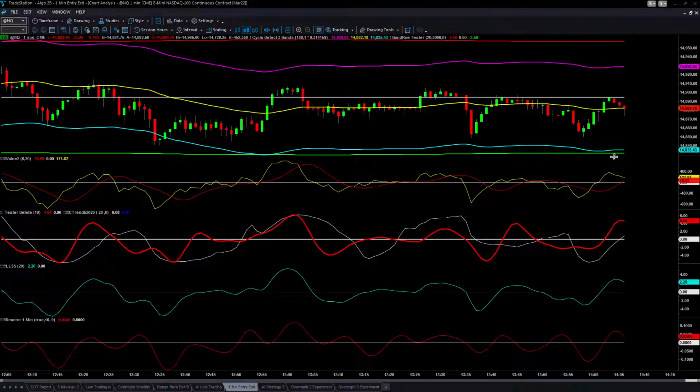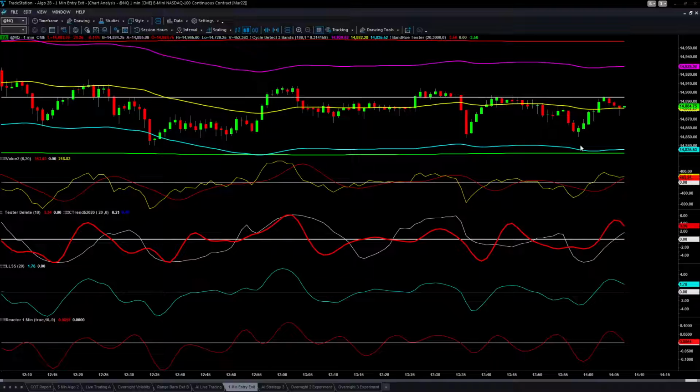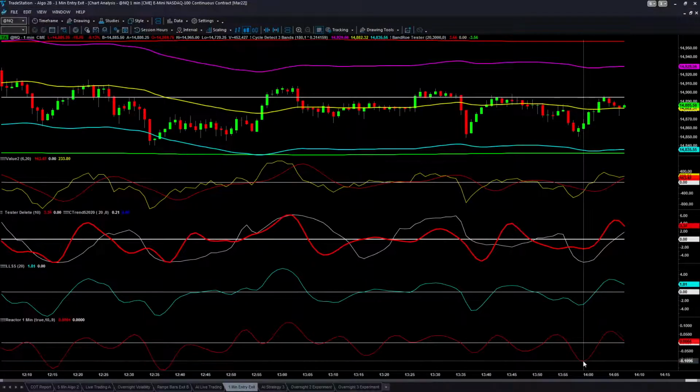We are definitely in consolidation right now. And this just kind of shows you more granularity as far as the price movement inside the 5-minute bar. See right here.